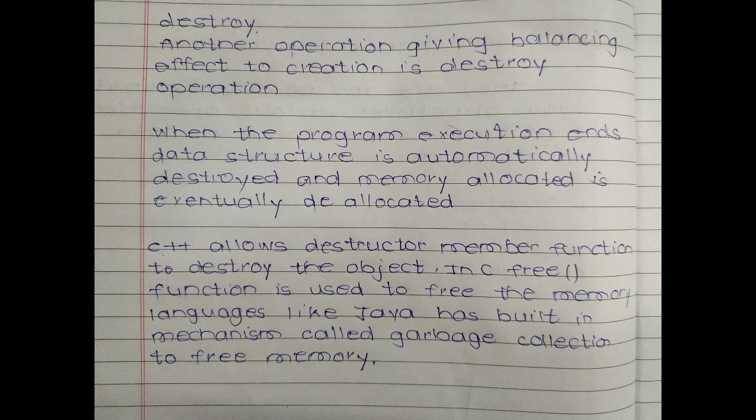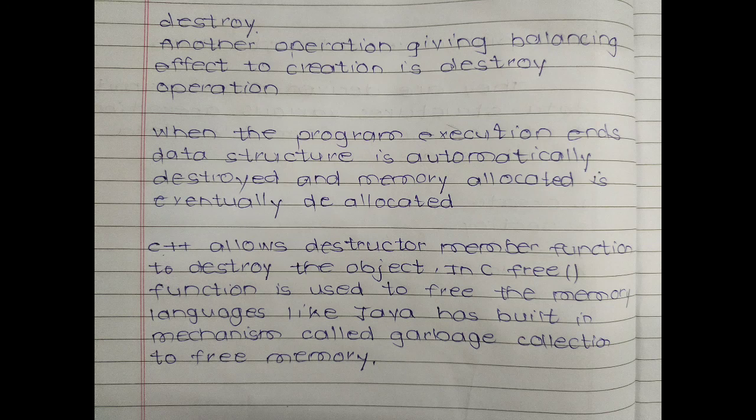C++ allows destructor member function to destroy object. Destructor member function, that means it is a function which destroys the object. In C, free function is used to free the memory. In C, free is a function which is used to free the memory.